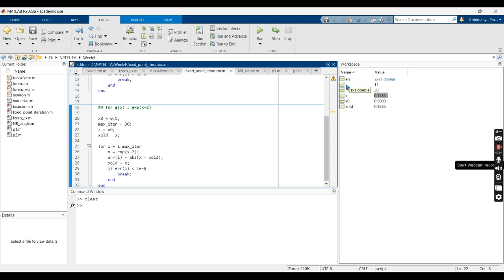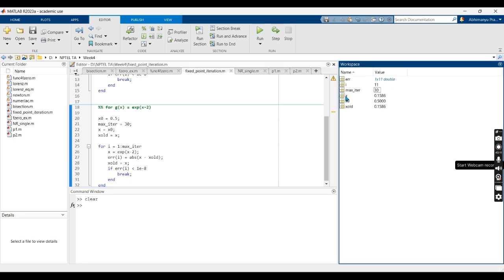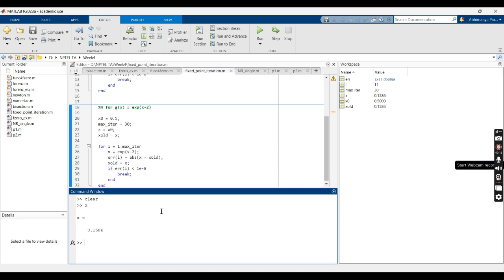Yeah. So the function converges in 11 iterations. The final x value is 0.1586.